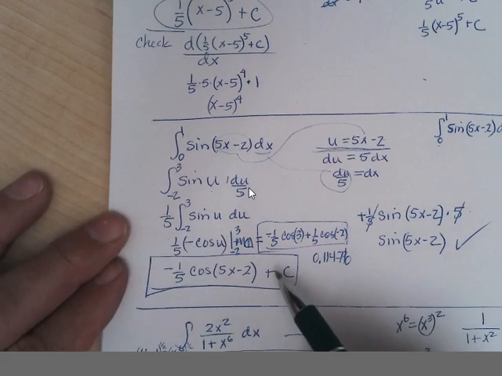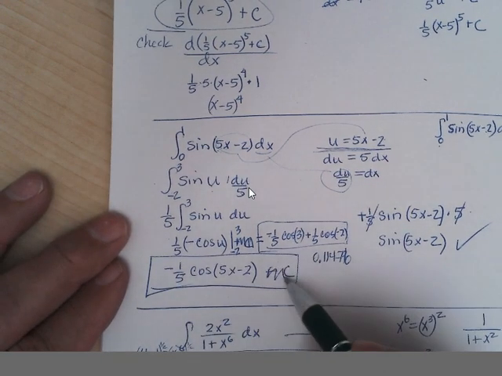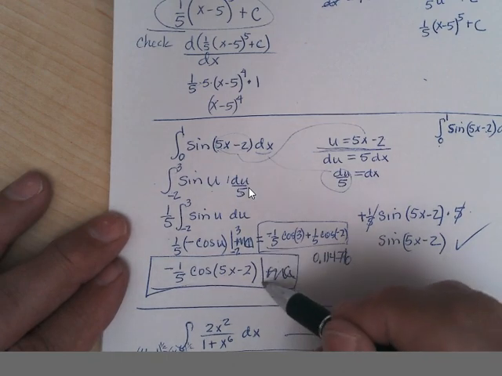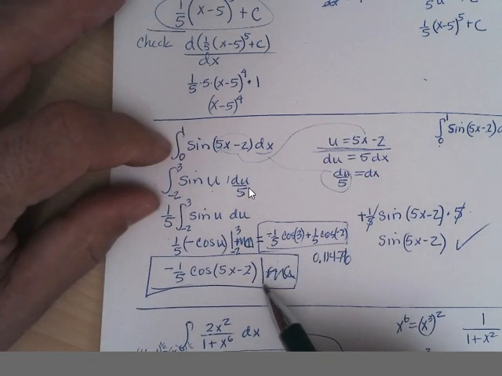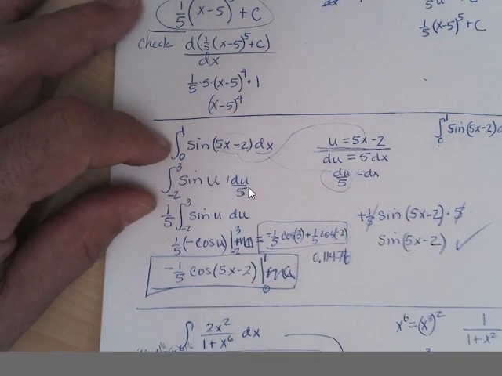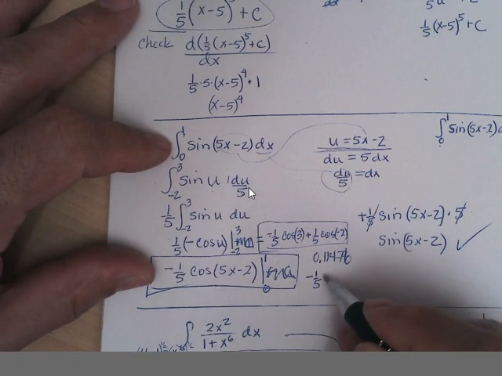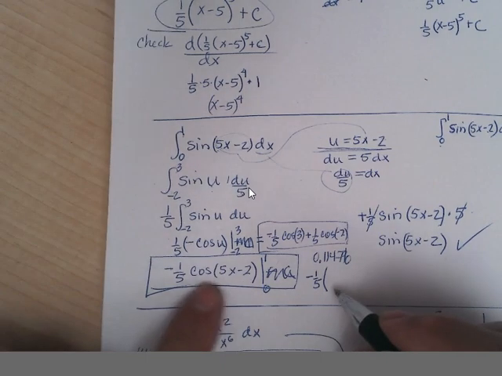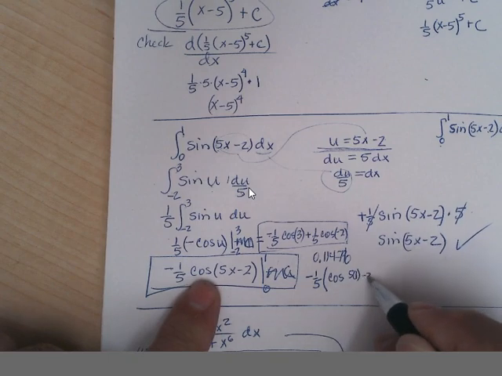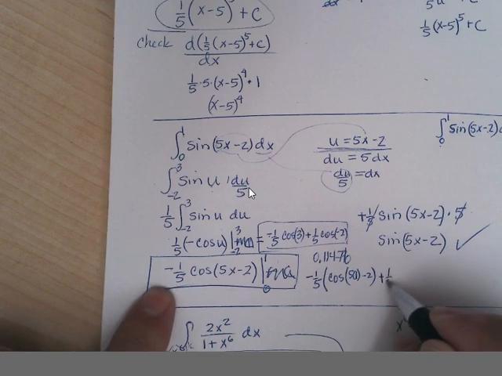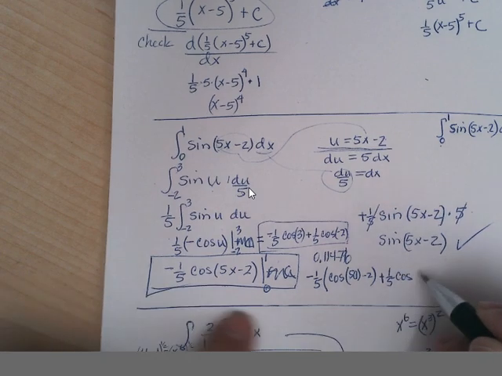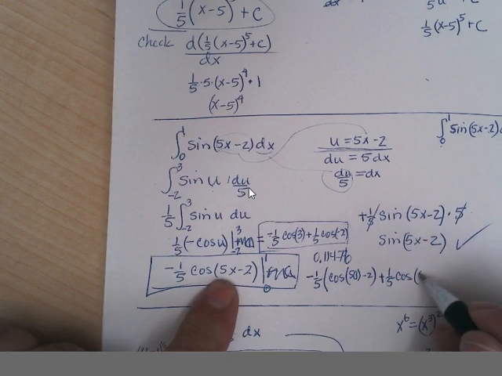Now, what if we converted back to x's? Well, then the limits would go back to what the x limits are, which were 0 and 1. And so then I would have minus 1/5 cosine of 5 times 1 minus 2, minus a minus 1/5, plus 1/5 cosine, and I would put in the 0, which would be 5 times 0 minus 2.